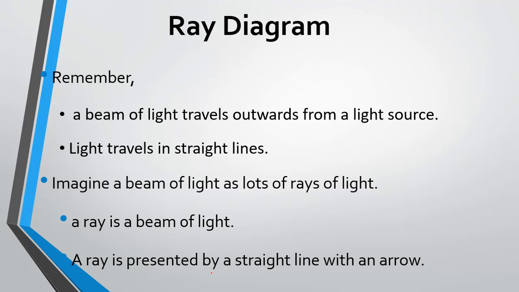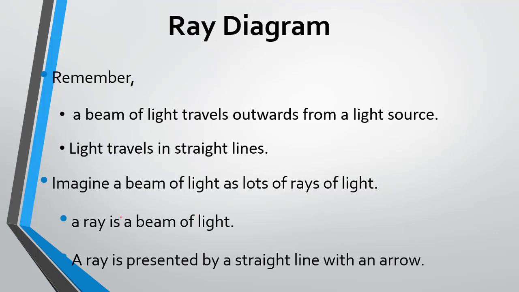A ray is presented by a straight line with an arrow. The arrow is showing the direction of light from the source to the object.